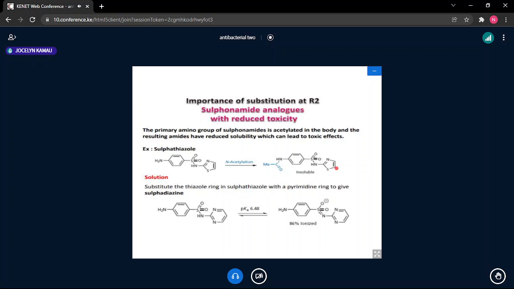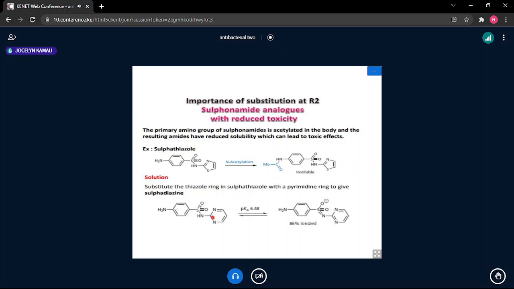So how was this problem sorted out? This is the problem that was sorted out by changing the heterocyclic ring. Like we have said, thiazole has poor water solubility. It's a weaker electron withdrawer. So you replace the thiazole with a pyrimidine ring to get sulfadiazine.